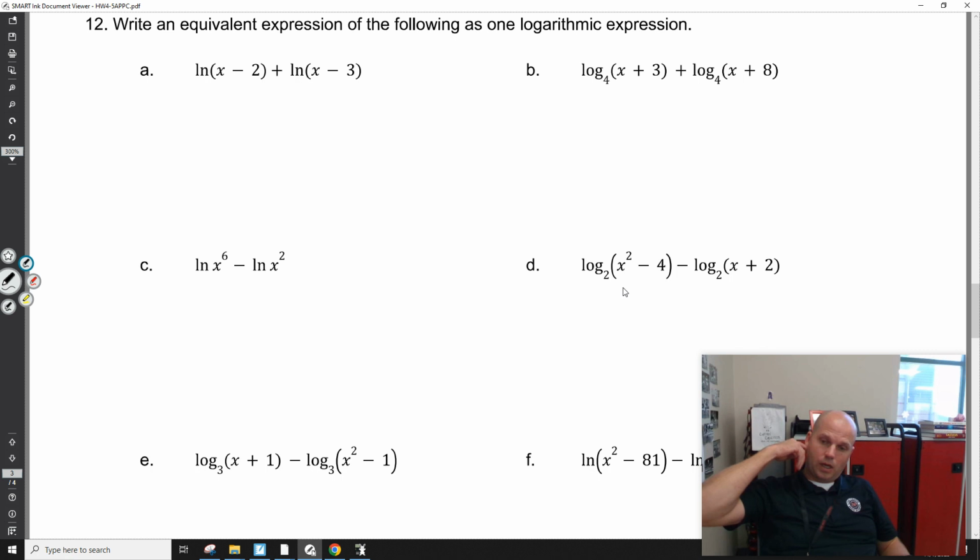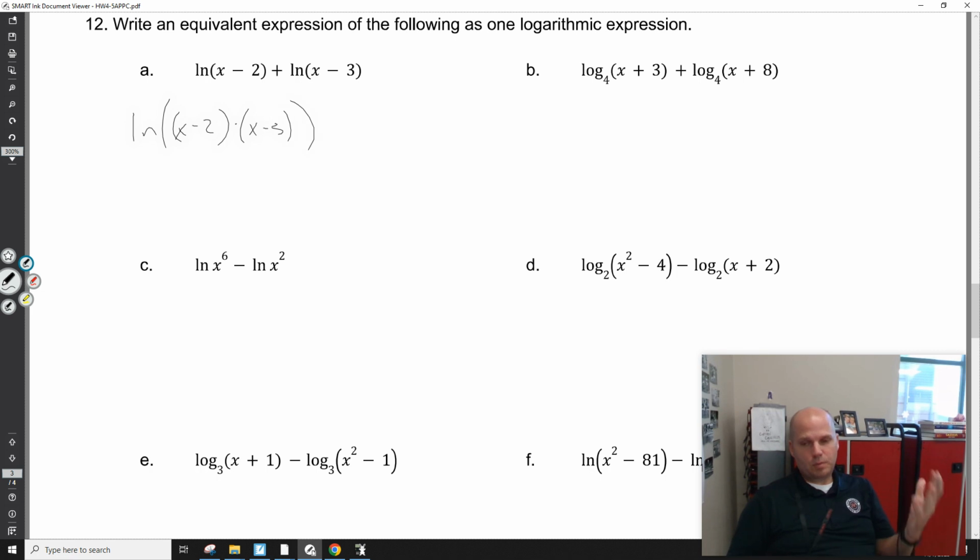All right, cool. This is preparing us for next class when we're going to be asked to solve some logarithmic equations, and they're tricky equations. What we'll have to do is combine logarithms. We can't just get rid of them. And when we combine them, we realize, oh, I have to multiply x minus 2 by x minus 3.